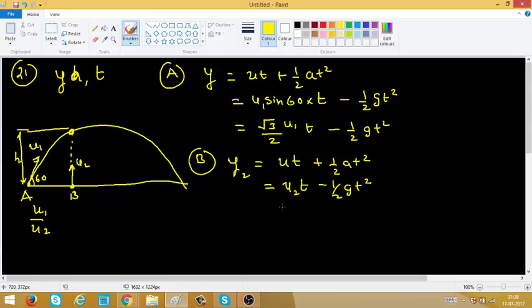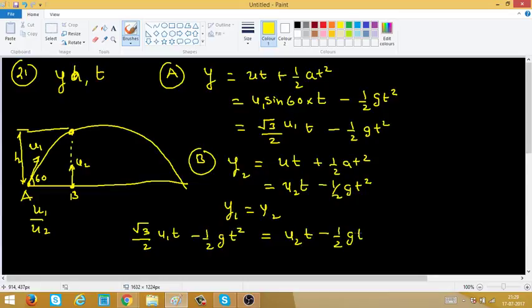Now y1 equal to y2, because both objects have covered the same vertical distance. So I can take this equal to this. I will write down root 3 by 2 u1t minus half gt square is equal to u2t minus half gt square.